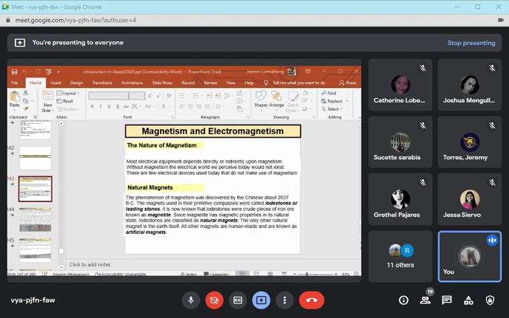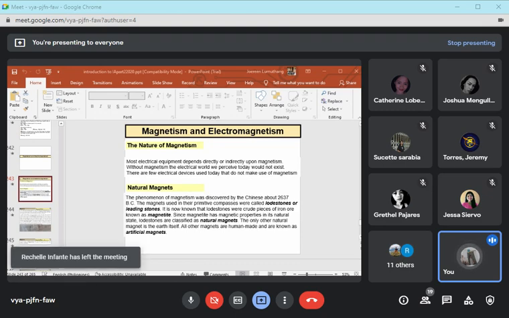It is now known that lodestones were crude pieces of iron ore known as magnetite. Since magnetite has magnetic properties in its natural state, lodestones are classified as natural magnets. Again, these lodestones are pieces of iron ore, or magnetite.